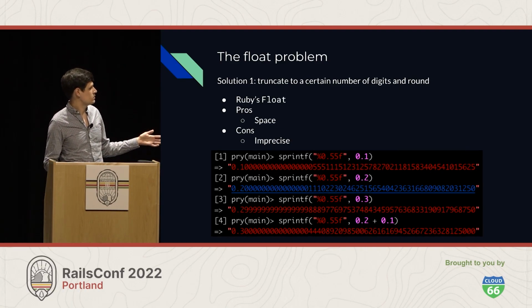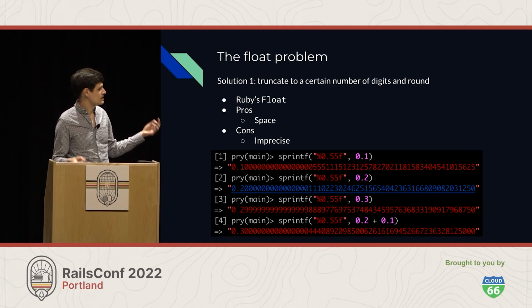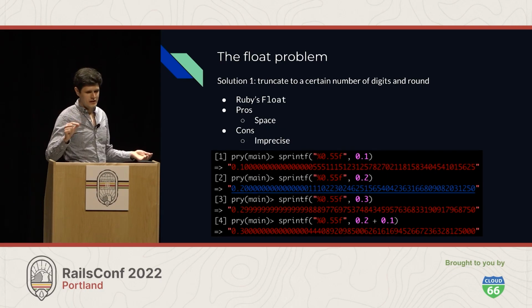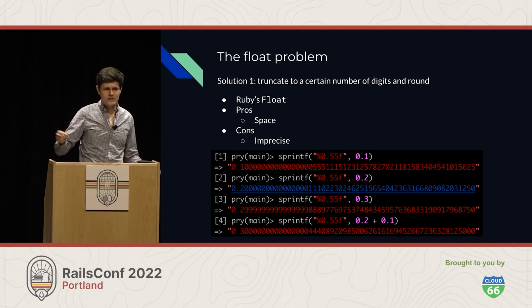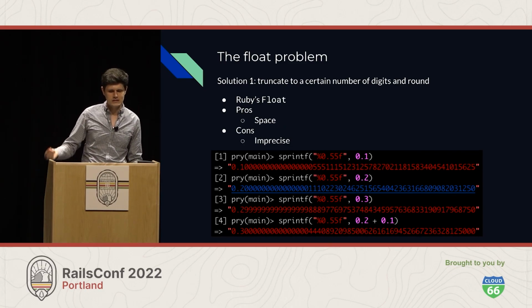So there's a little trick you can do in Ruby to see the underlying value corresponding to a particular float. And so here you can see that 0.1 is pretty close to 1/10, but it's slightly larger. Same thing for 0.2. It's a little bit bigger than the actual 2/10 value, but 3/10 is actually slightly smaller.